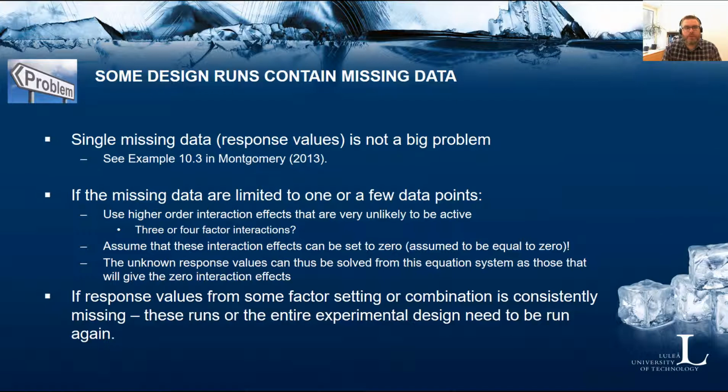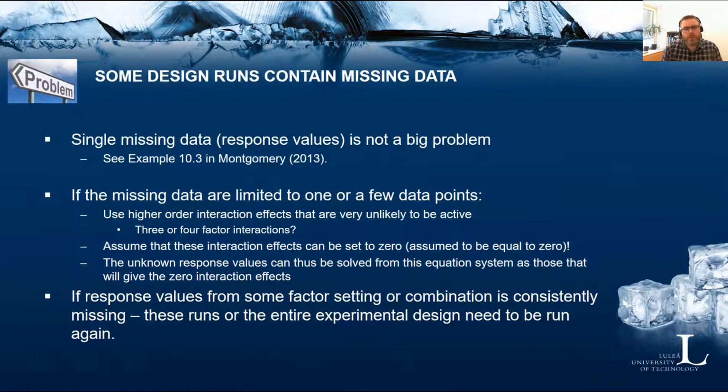It's quite common to have some design runs with missing data. Now, having a single missing response value actually is not a big problem, and it has been shown also in your course book in example 10.3 in Montgomery.